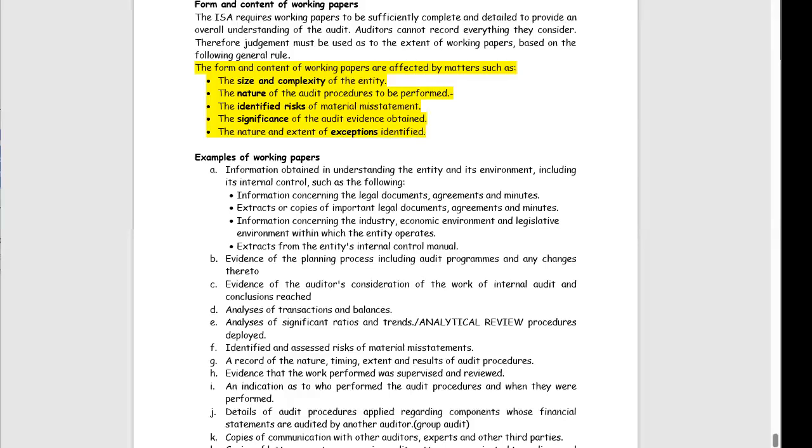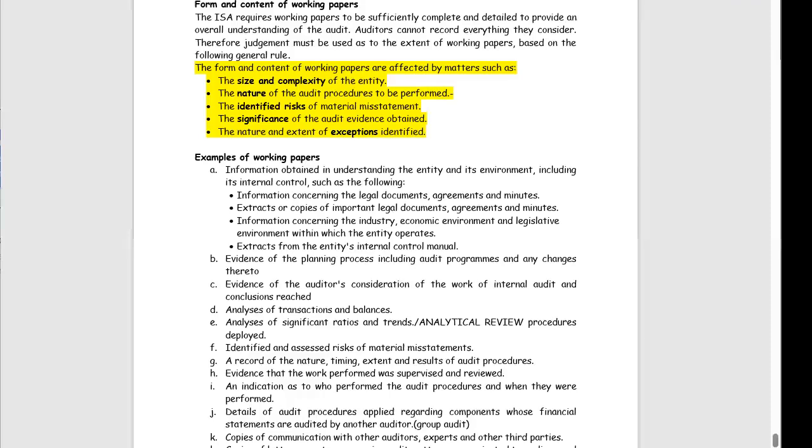E, analysis of the significant ratio and trends, analytical review procedures deployed. Then F, identify and assess risk of material misstatements. G, a record of the nature, timing, extent, and results of the auditor procedures. H, evidence that the work performed was supervised and reviewed.